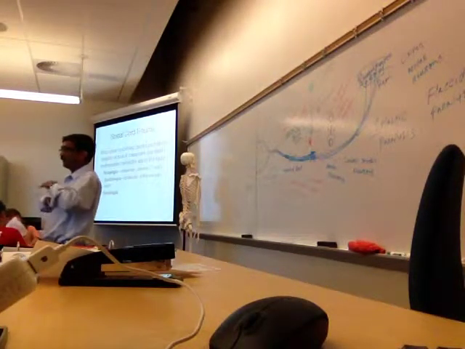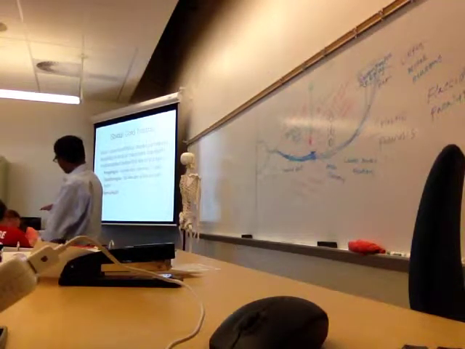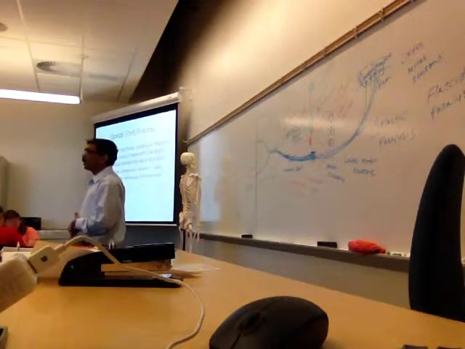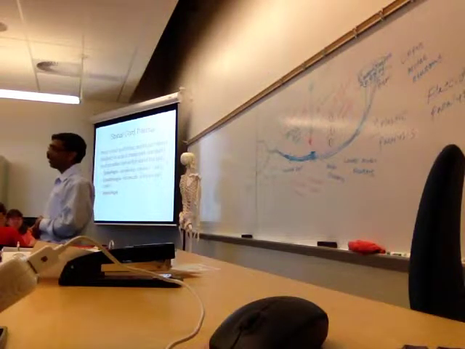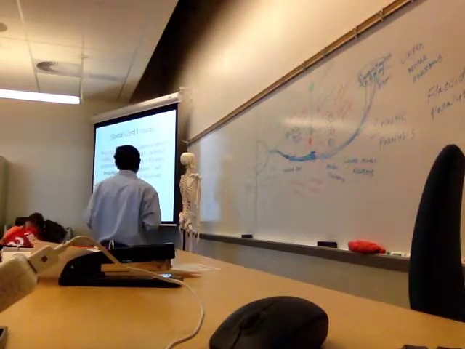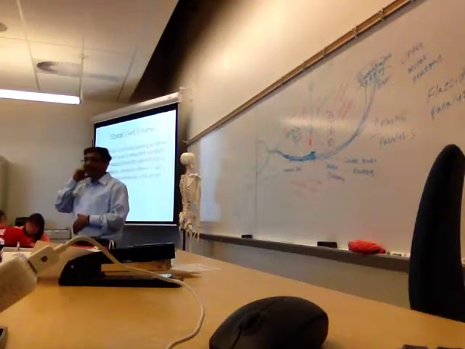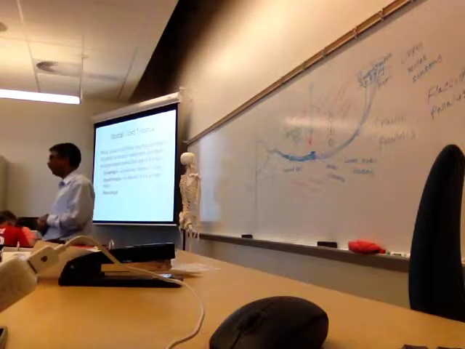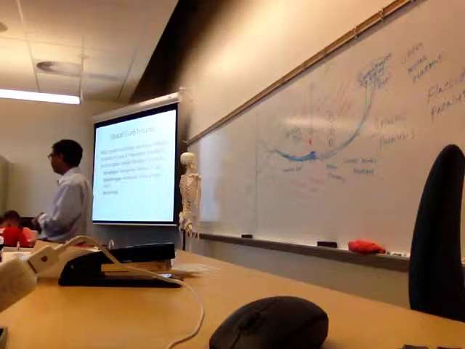Will not be affected. So if you cut here, then this part below will be affected. And in that case, only the lower two limbs will be affected. And that is called paraplegia. In paraplegia, the lower part, including two lower limbs, will be paralyzed. Not all four. Upper two limbs remain okay, functional.